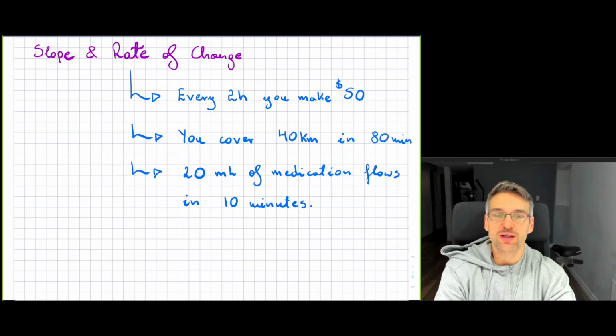So on the screen, you see three different examples, and I try to put some basic examples of rates. Now, if you had to define a rate, it is basically the comparison of two different quantities.